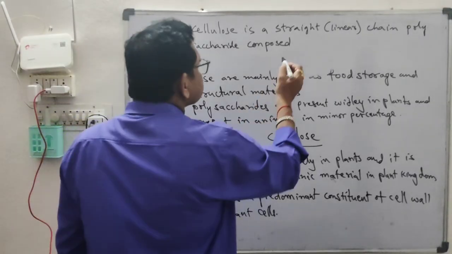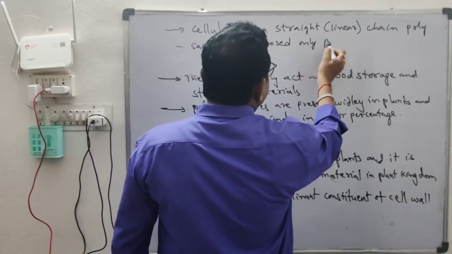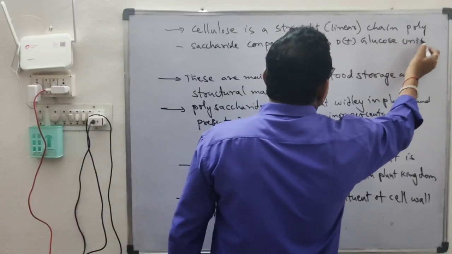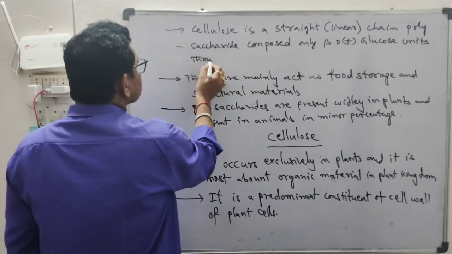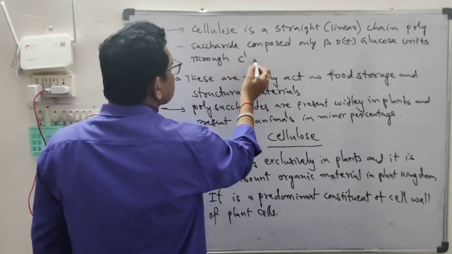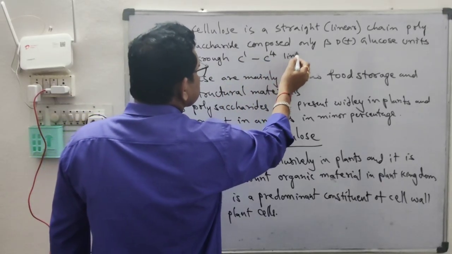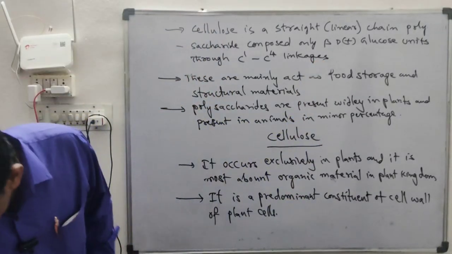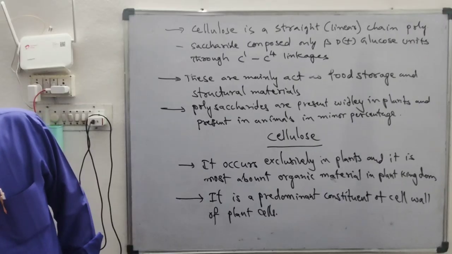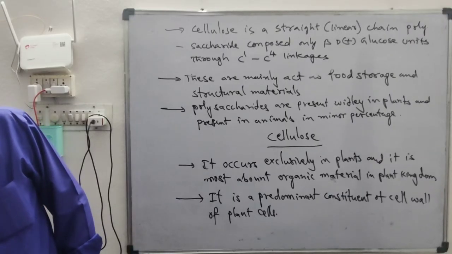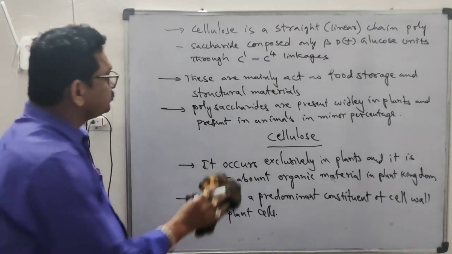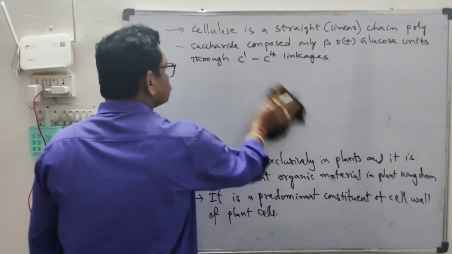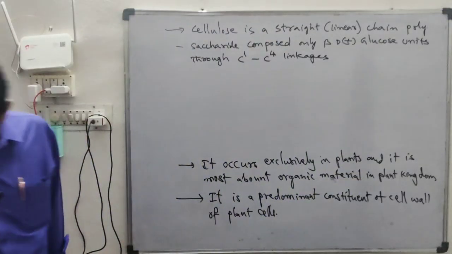Composed only of beta D plus glucose units through C1 C4 linkages.